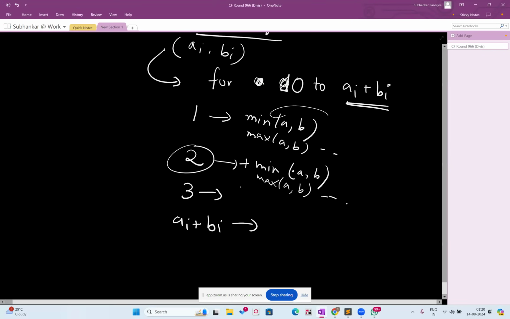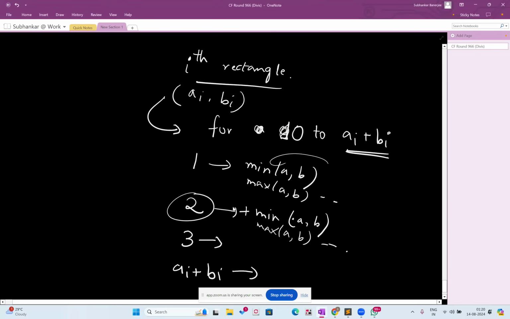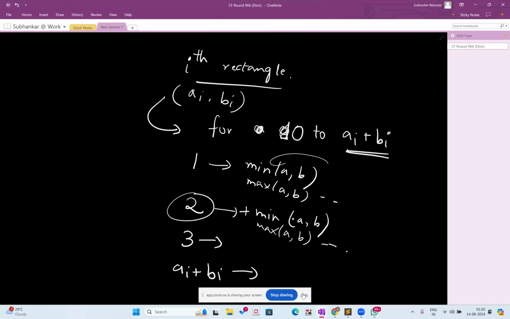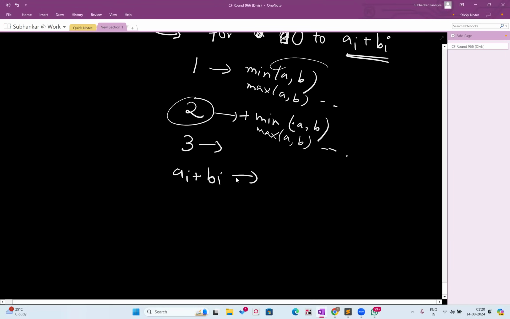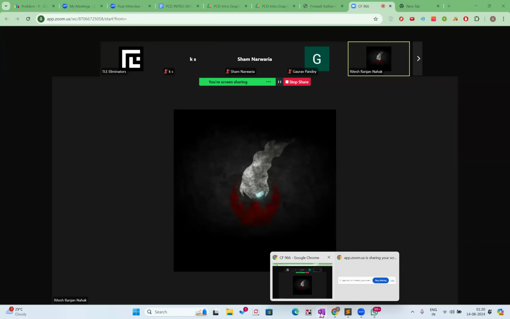We have discussed it. How will we update? We'll update the maximum by -1 and add the minimum to the cost. So are you getting how we are calculating the cost of a particular point from a rectangle? Are we storing these answers as well?